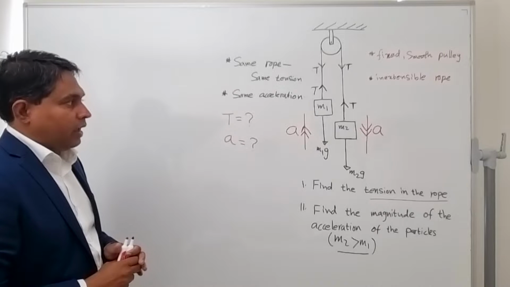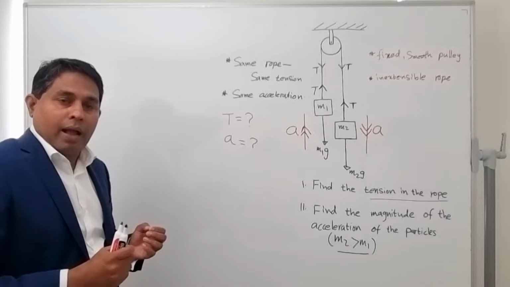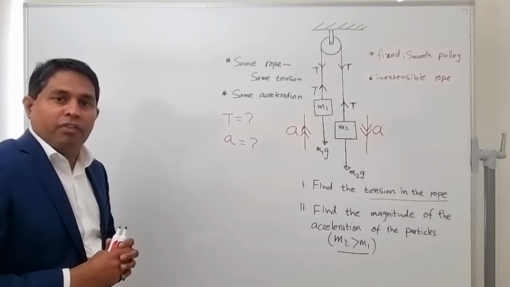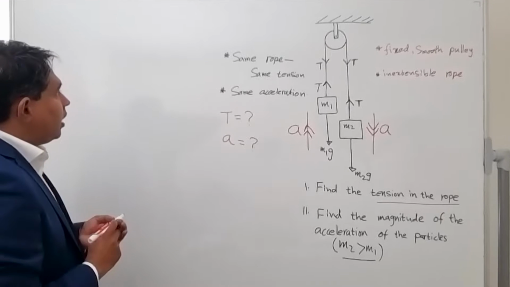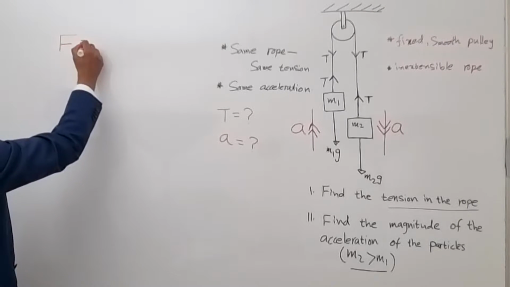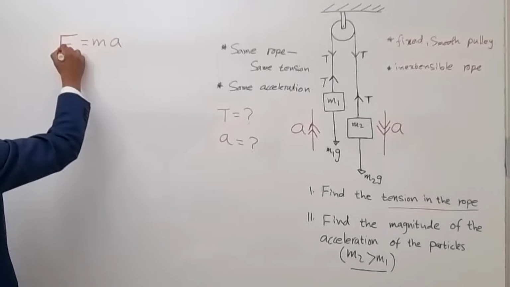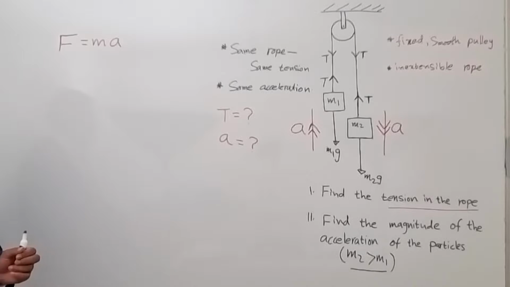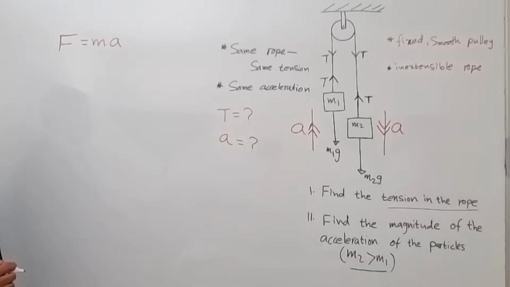Now we understand each particle is moving with acceleration, therefore we can use F equals ma. F is the resultant force on the particle, m is the mass, a is the acceleration of the particle.